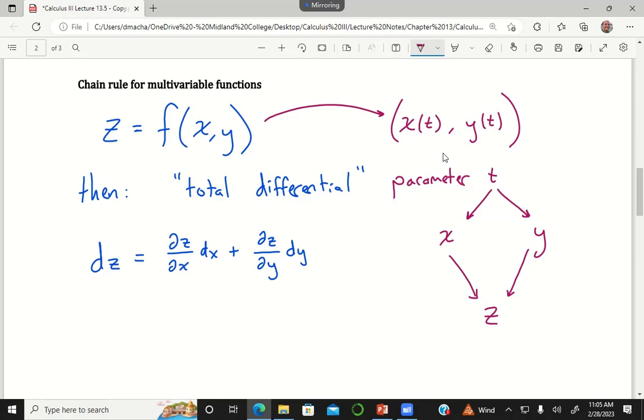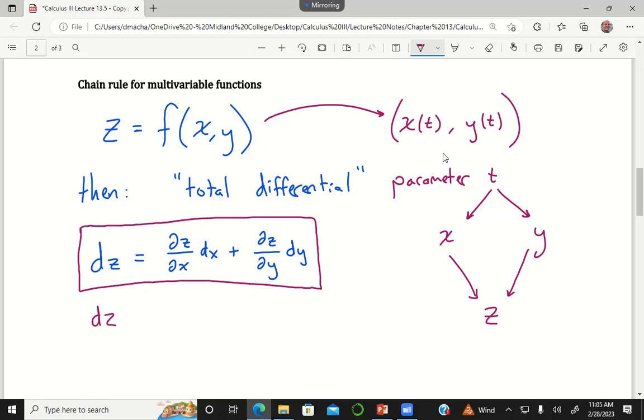So what the chain rule for multivariable functions says is that if I take this total differential equation and I want to find, let's say, the derivative of z with respect to t, then I just have to divide everything by dt.